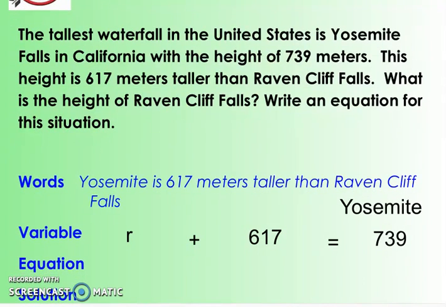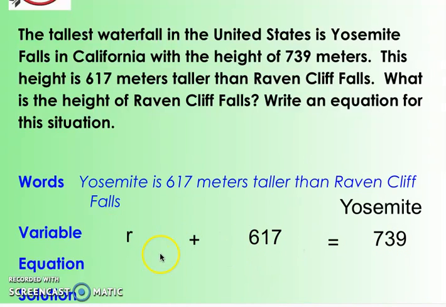Is the number less than or greater than 739? It is less than. And we know this because, first of all, it says Yosemite is the tallest waterfall. And so that means that this should be the greatest number in this problem. That should be the biggest one.